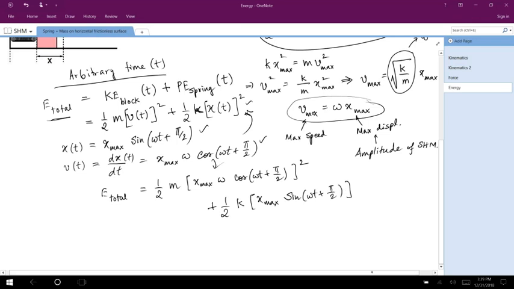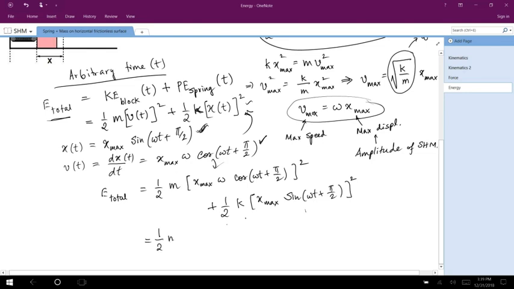We're just plugging in that equation and this equation into the energy expression, and I missed a squared over there, so the kinetic energy is 1/2 mv squared and potential energy is 1/2 kx squared. Let's simplify these equations.